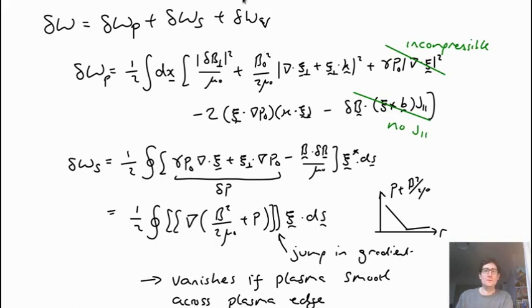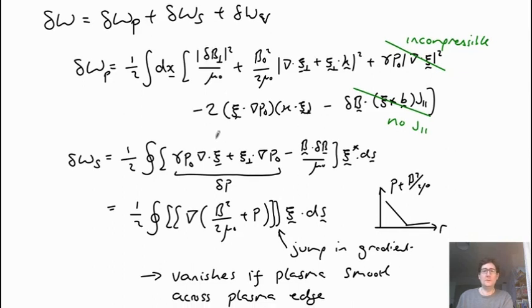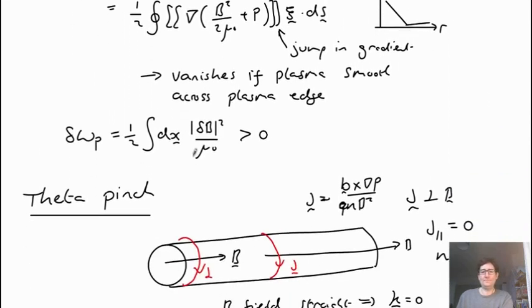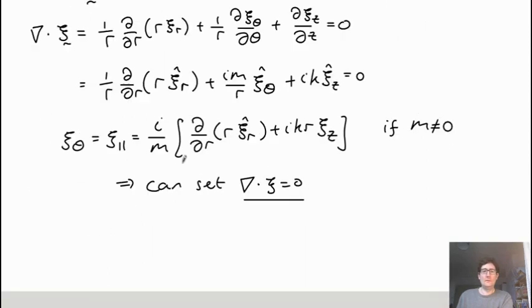So let's work out the perpendicular component of the perturbed magnetic field, so delta B perp. We can work out that delta B is the curl of the displacement across the equilibrium magnetic field.